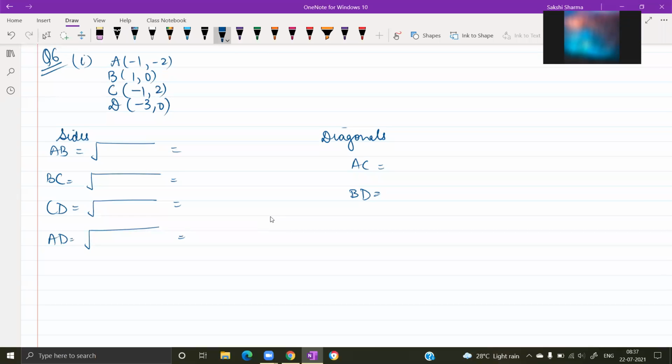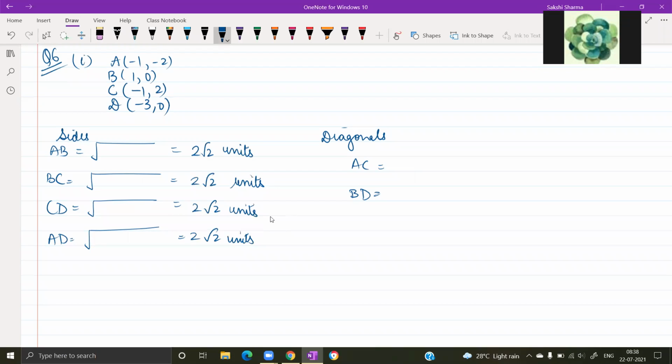All sides are 2 root 2. Both diagonals are 4 units.